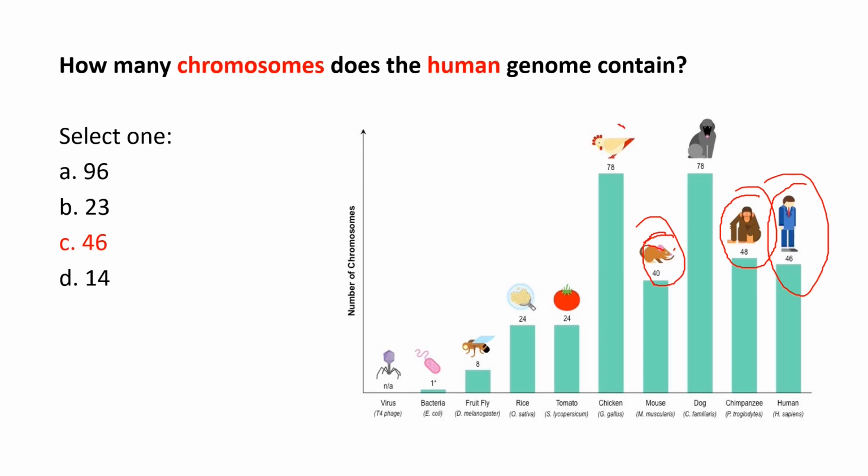And for example, chickens or dogs have more chromosomes, and some types of plants like ferns can have hundreds of chromosomes. So remember, it doesn't mean that they have more or fewer genes, just that they are packing the genes in different ways. So again, 46 in humans, as this diagram shows here.